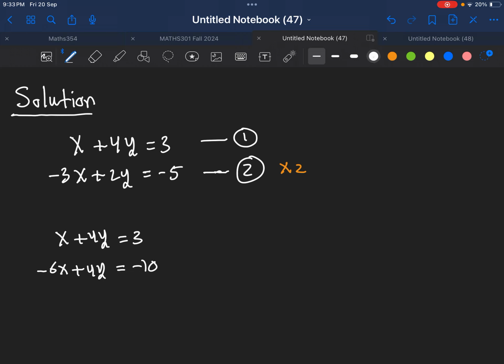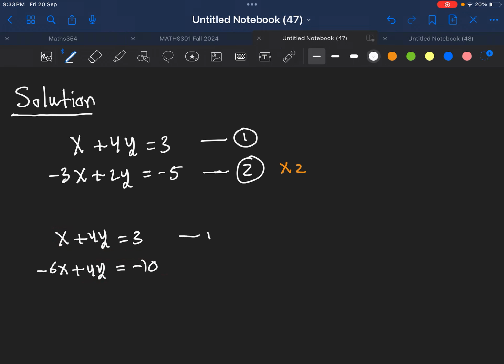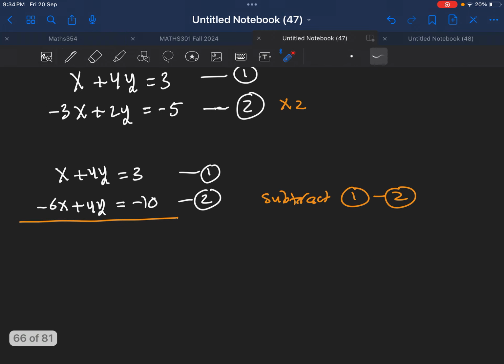Now we have two equations, equation 1 and equation 2. All you need to do is subtract them: take this minus this, so subtract 1 minus 2. If we do the subtraction, x minus negative 6x will give me 7x.